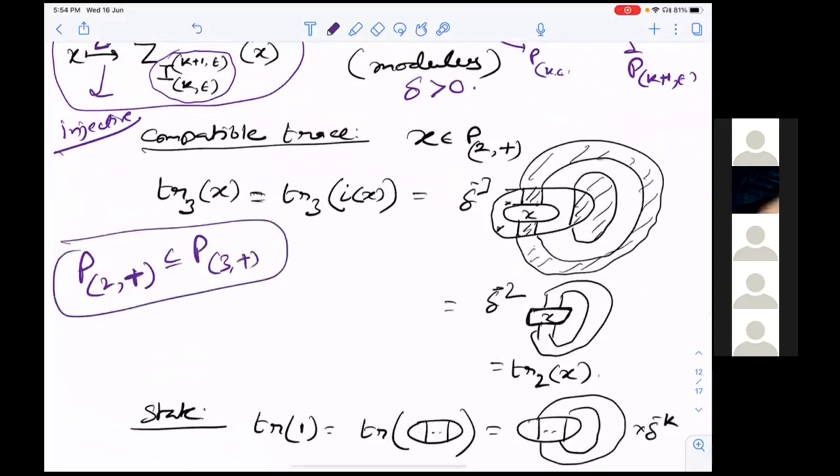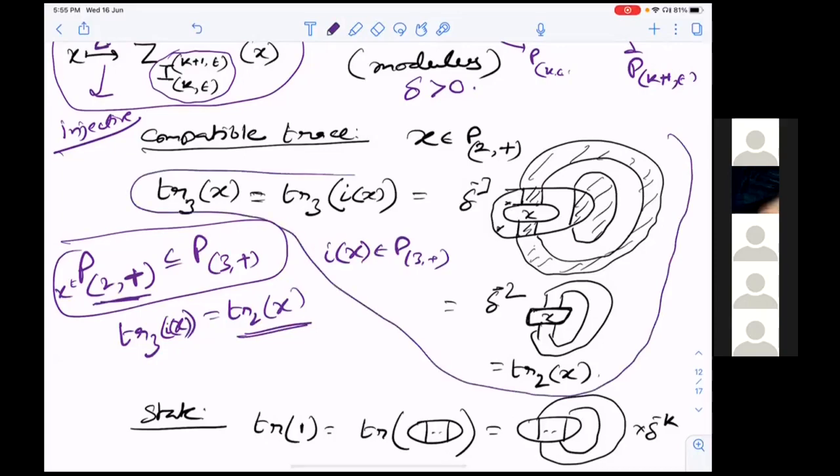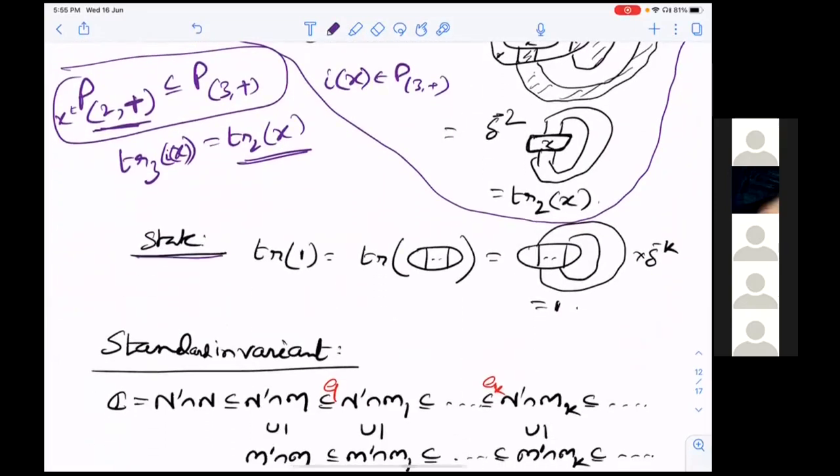What we have to prove is that if you take an X here, trace_3 of iota of X is the same as trace_2 of X. X is in P_2^+, but by this inclusion map, iota of X will be in P_3^+. And this is also a very pleasant pictorial computation. I leave it, but you can see my notes here. So there is a compatible trace, and this trace will be a state also.